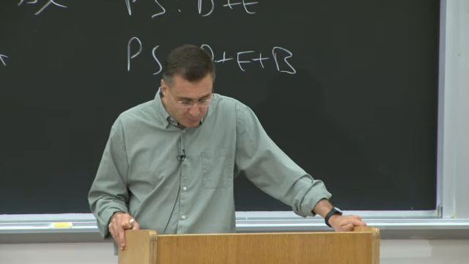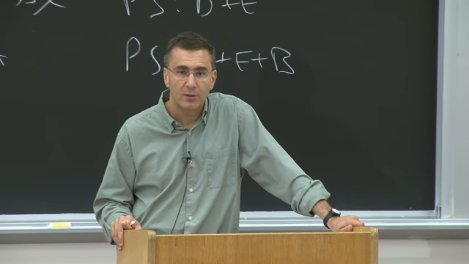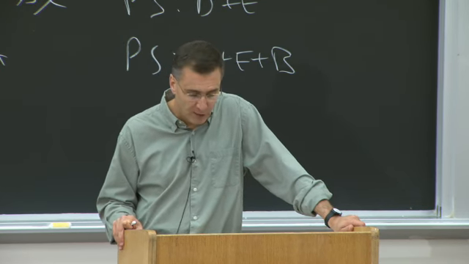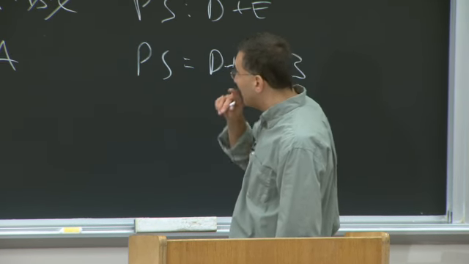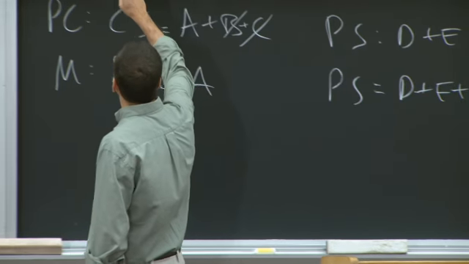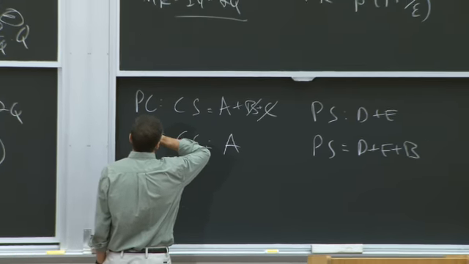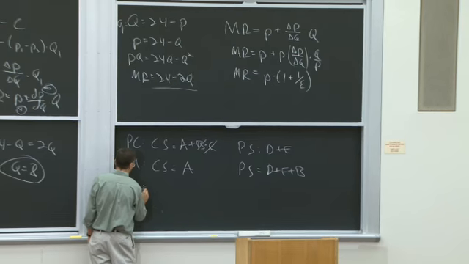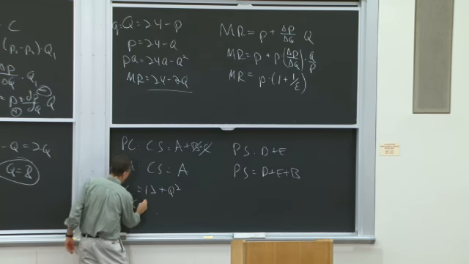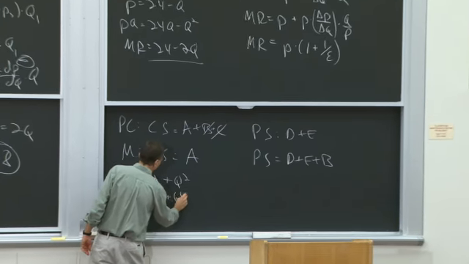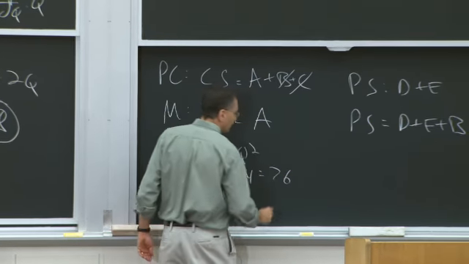Because remember, what are the profits for the perfectly competitive firm? We know the cost function here is 12 plus Q squared. So if they sell 8 units, their costs are 12 plus 64, which equals 76.